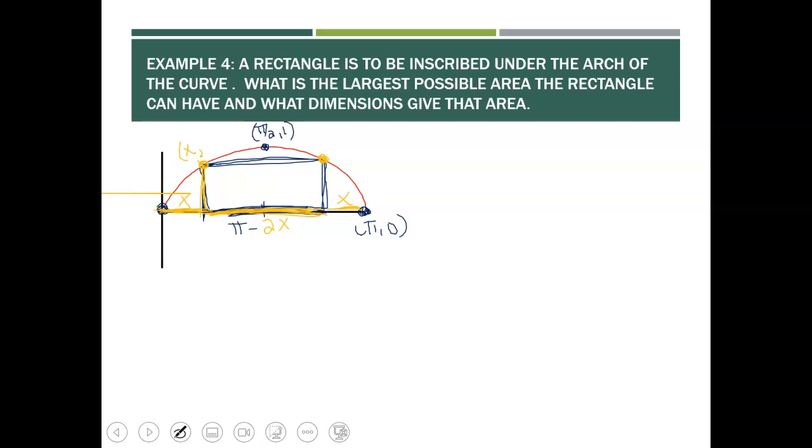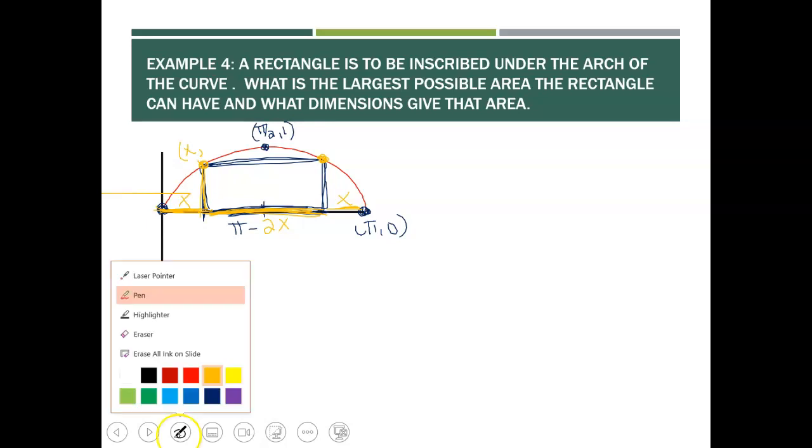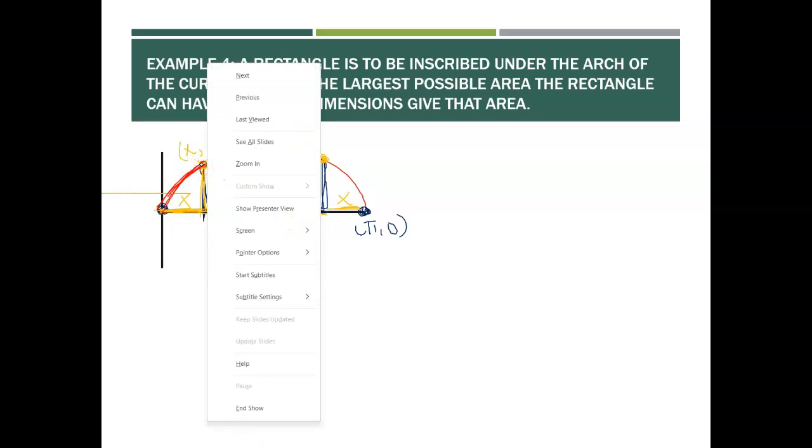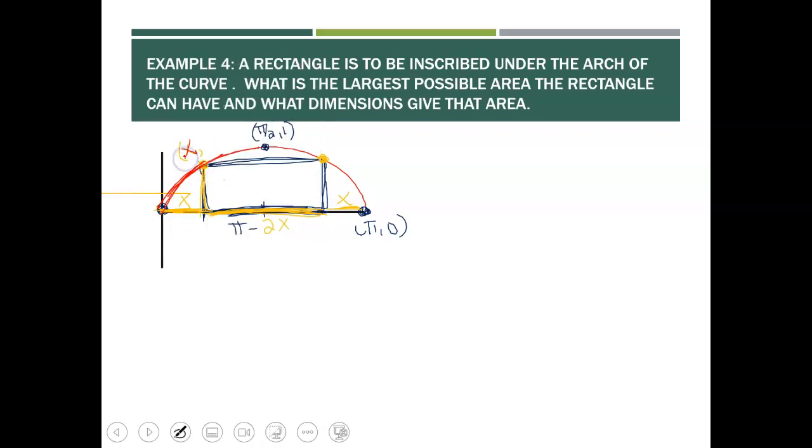It's the red curve. So if you have a point on the curve at x, if the x value is x, then you plug x into sine x, so the y value is sine x. Does that make sense?